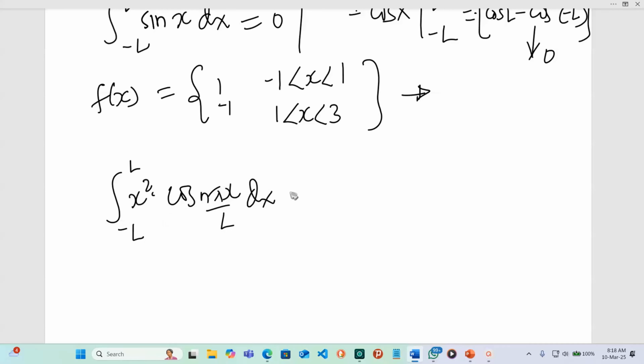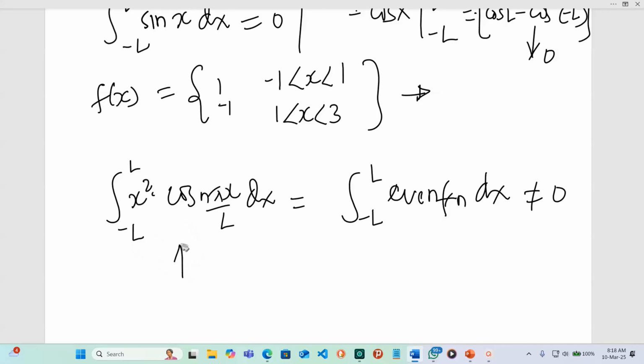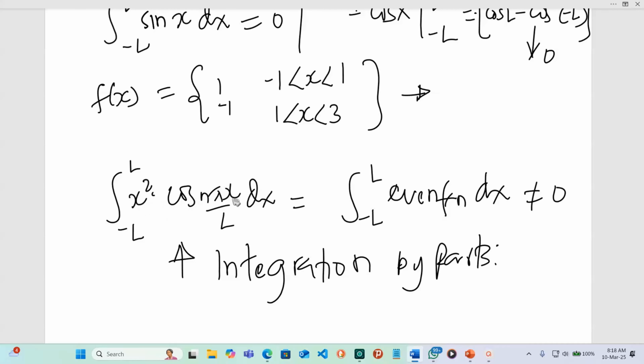So this one is equivalent to integrating from negative r to r of an even function with respect to x. So this one is not equal to 0, so you have to go through the rigorous methods of integration, like integration by parts, because you have a polynomial function and a trigonometric function.